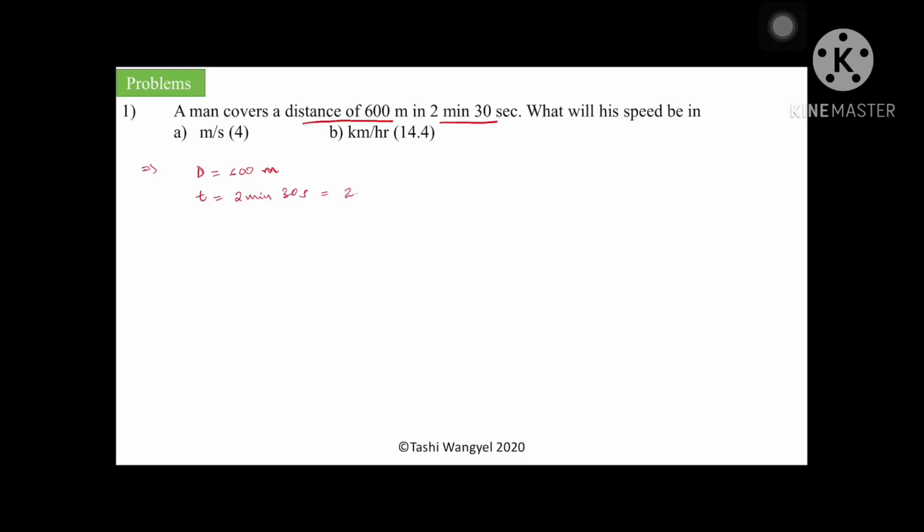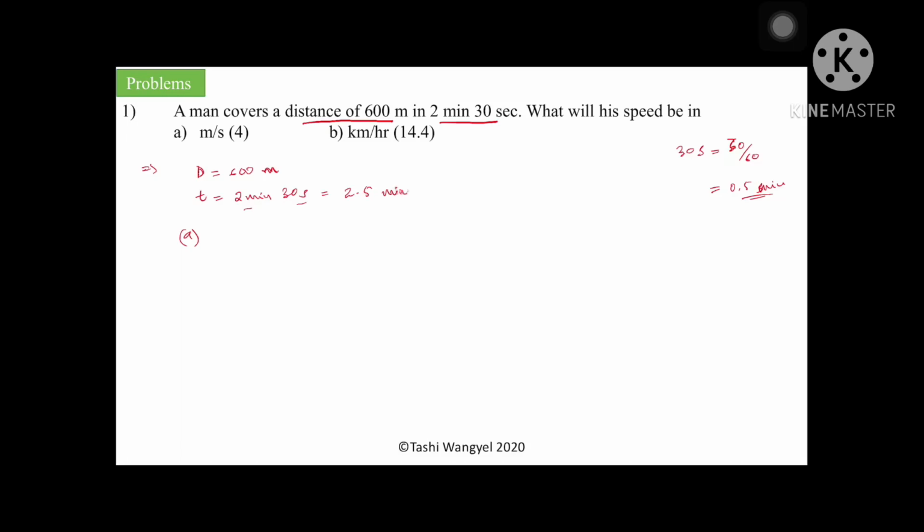Changing 30 seconds to minutes: 30 divided by 60 is 0.5 minute. So 2 minutes 30 seconds means 2.5 minutes.